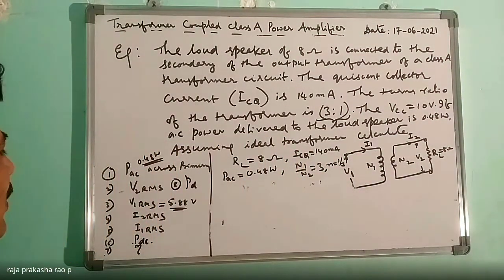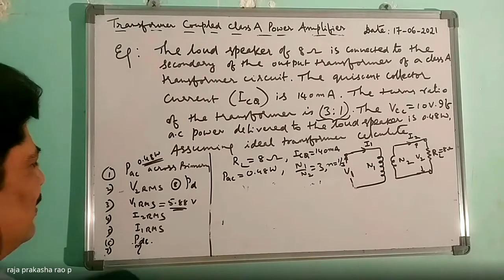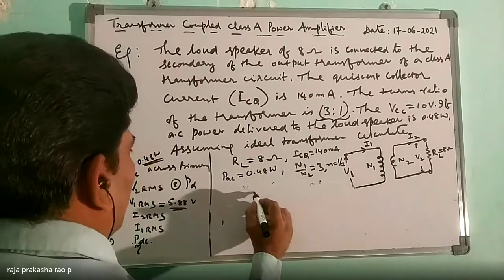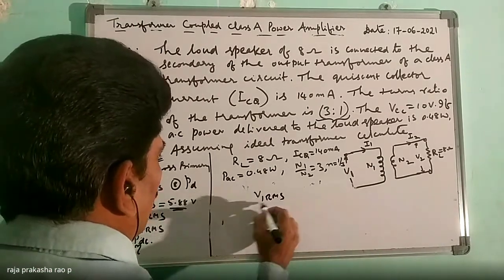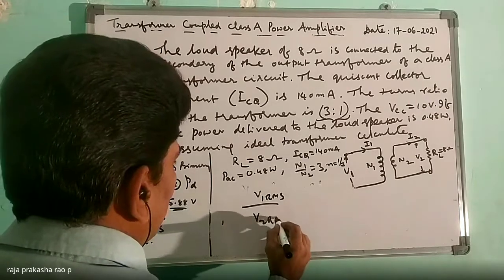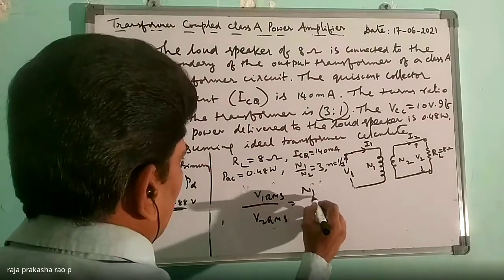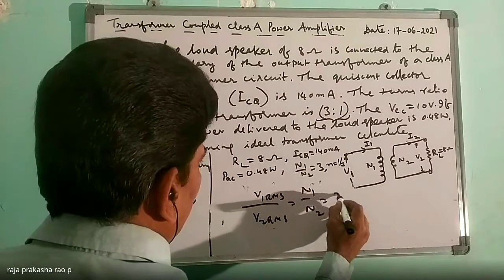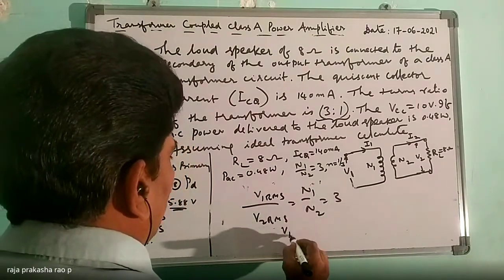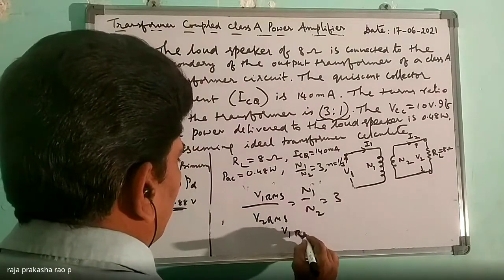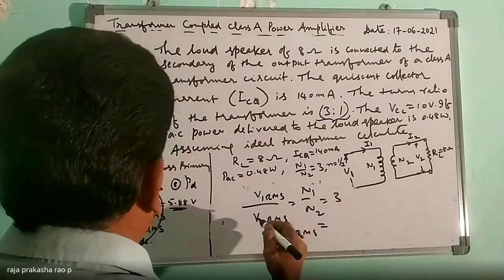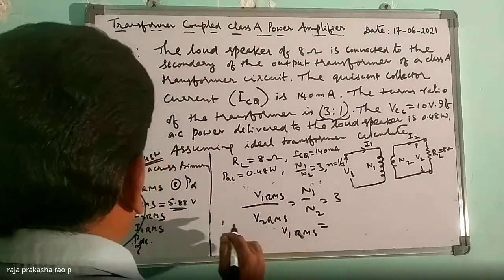So the third one we have found, the primary side. Then V1 RMS by V2 RMS is equal to N1 by N2, which is equal to 3. We need V2 RMS, right?